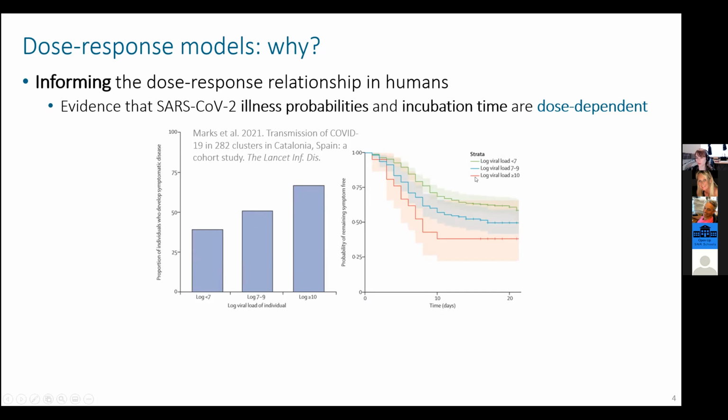And also the higher the dose, the shorter the incubation period. The majority of the people who received the high dose had symptoms by 10 days, while it was a bit longer, up to 20 days, for the lower inoculation dose.